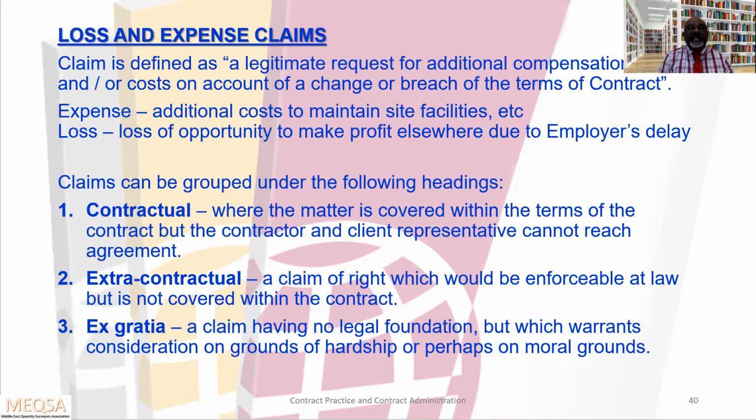The third one, ex gratia claim, out of kindness: the claim having no legal foundation, but which warrants consideration on grounds of hardship or perhaps on moral grounds. This is out of kindness, the employer might give this ex gratia claim. We received one ex gratia claim in UAE, while I was in UAE.